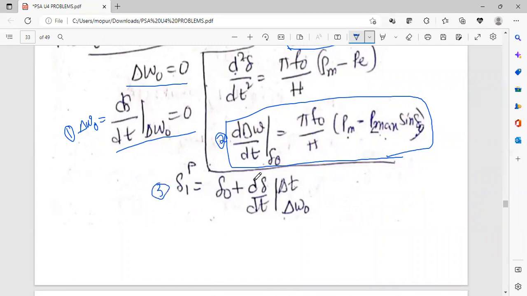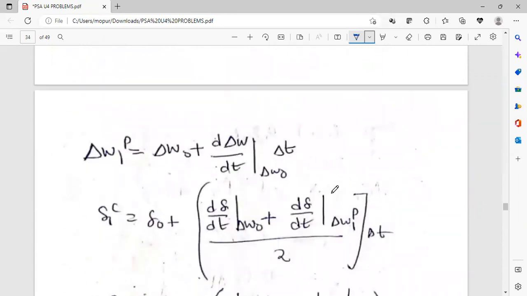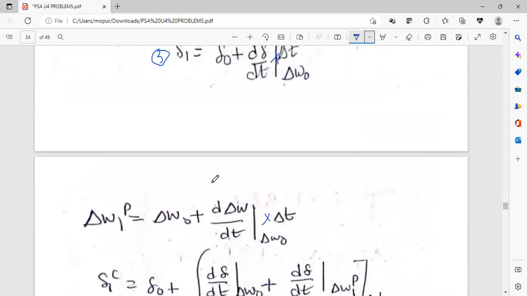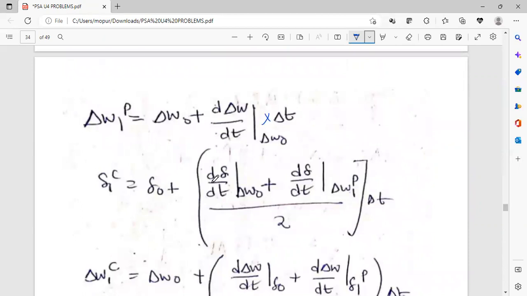Del 1p is equal to del naught plus d del by dt at del omega naught into delta t. Similarly, del omega 1p is equal to del omega naught plus d del omega by dt into delta t. Now, after finding these two, del 1p and del omega 1p, you need to substitute here.